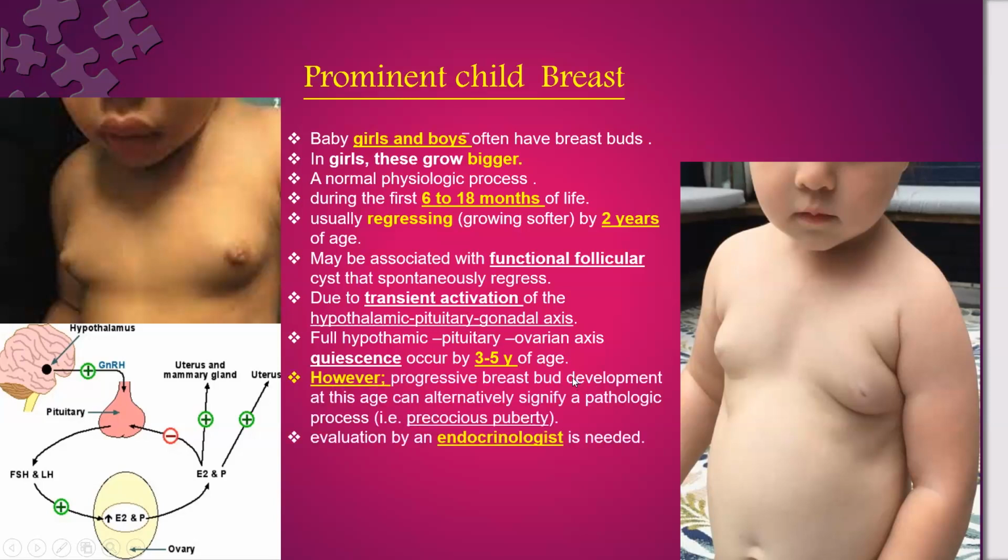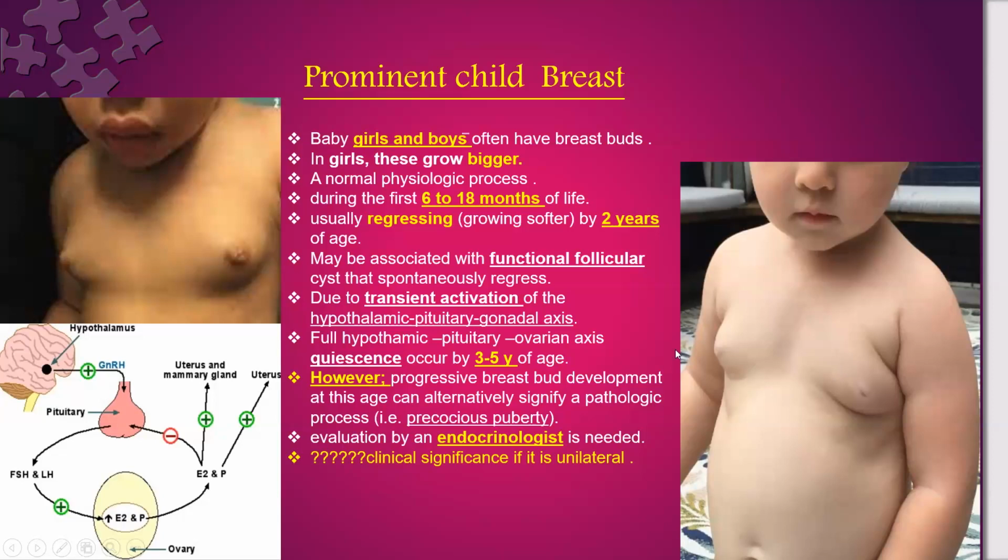However, if it progresses, it might be due to a pathological process and can represent precocious puberty, which definitely needs endocrinologist evaluation. And what is the clinical significance if it is unilateral?